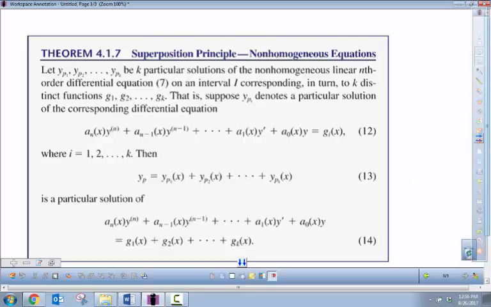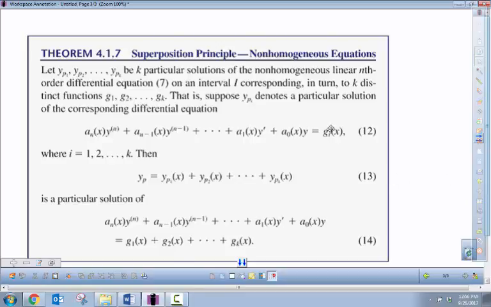Oh, so Evan, maybe I should rephrase my answer, correct myself. So if you have a particular solution, no, I think it's still true. Yeah, so it's a particular solution.